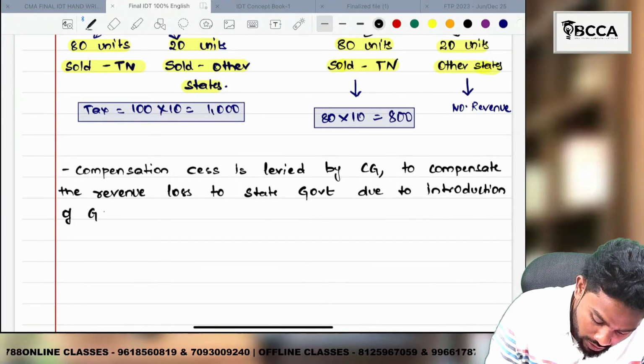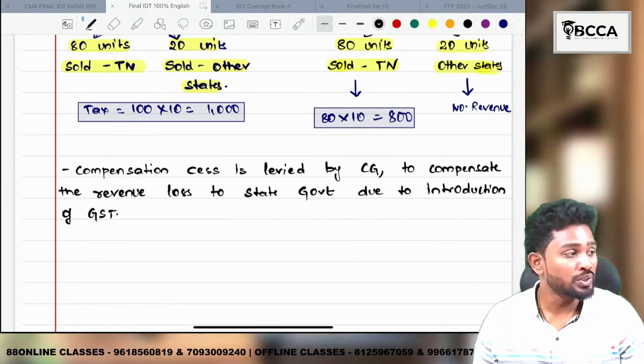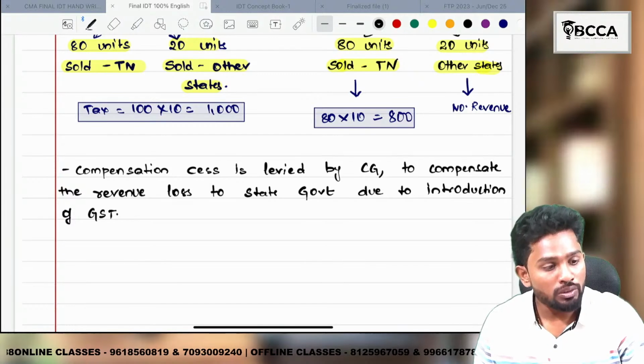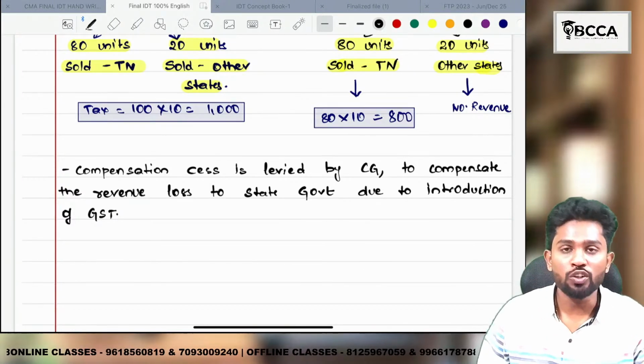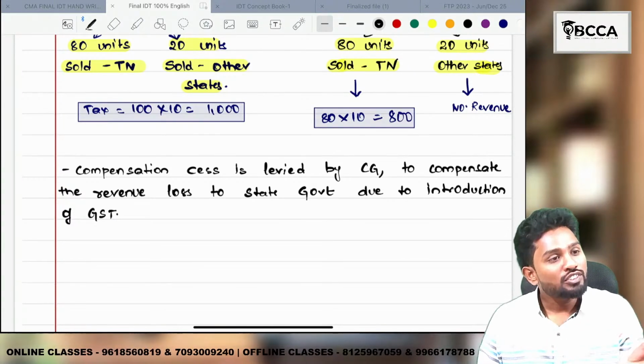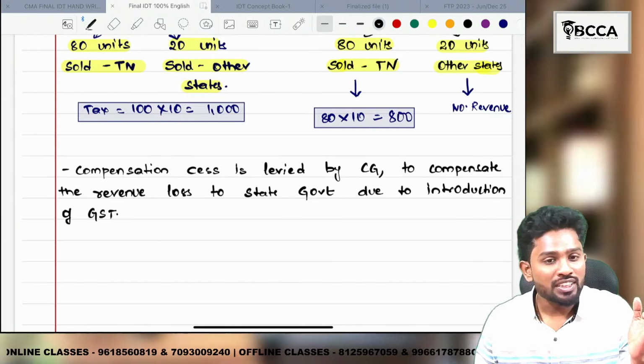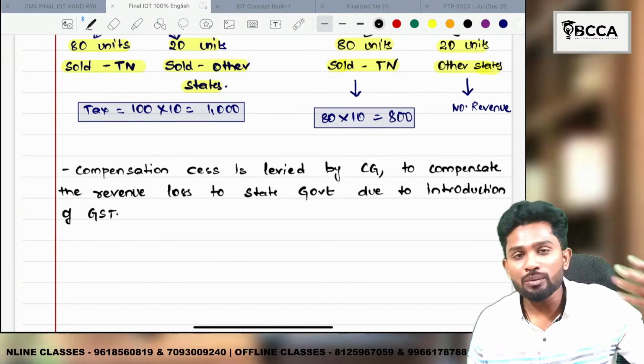So whatever revenue loss they are going to have due to the introduction of GST, that would be compensated by the central government. So understand, if the central government promises to compensate, it should compensate from the money it has.